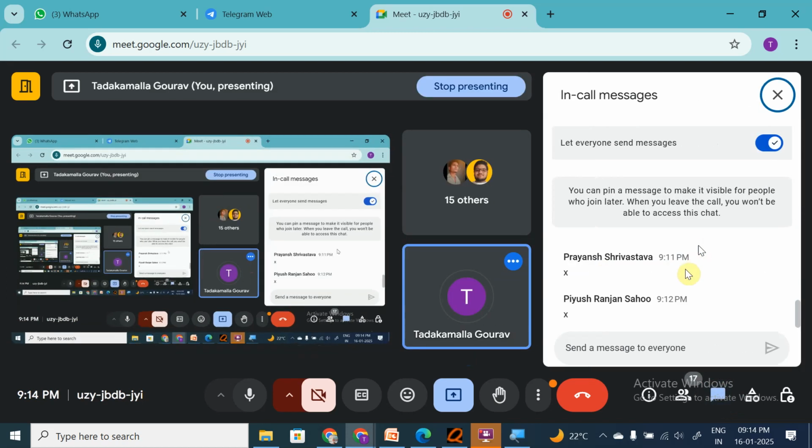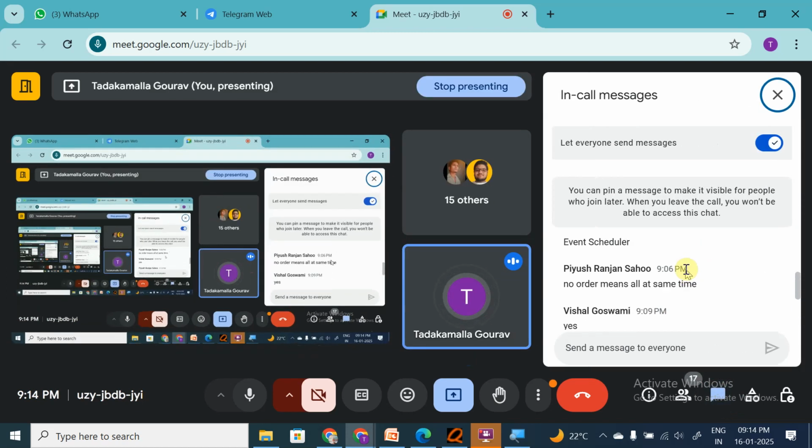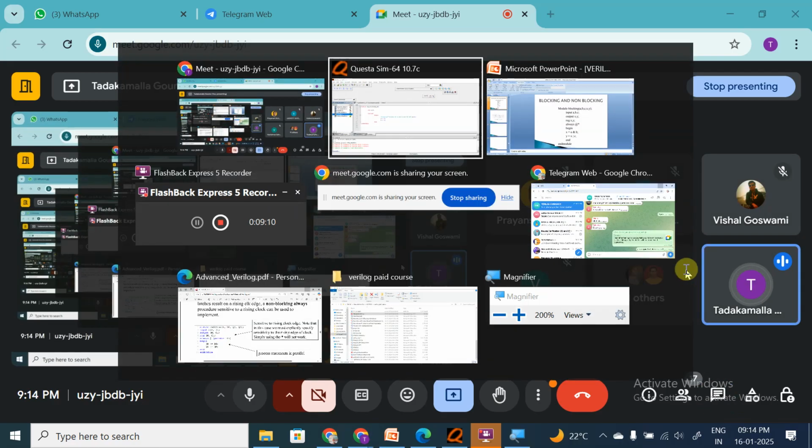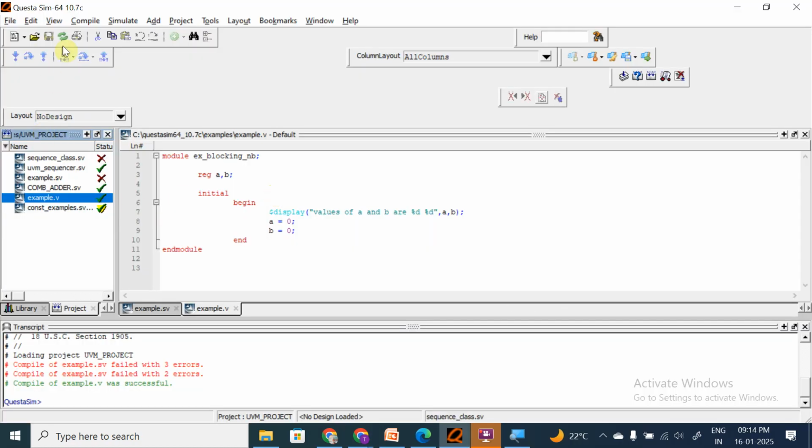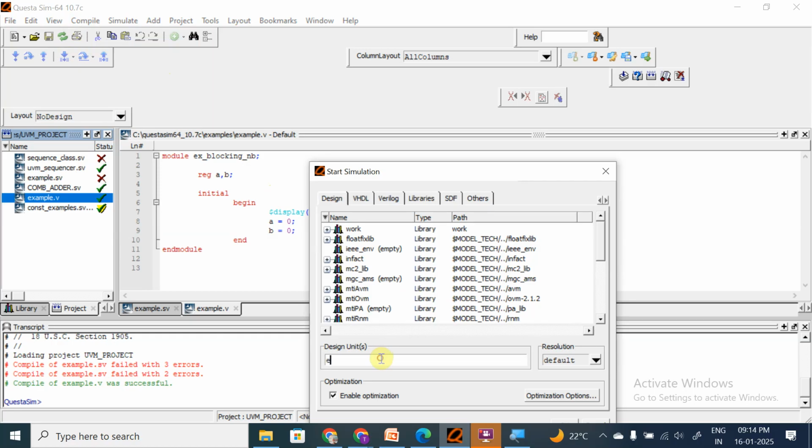Others, what may be my value? 1, 2, 3. Please respond, guys. What may be my values of a and b? Ex_blocking_nb.